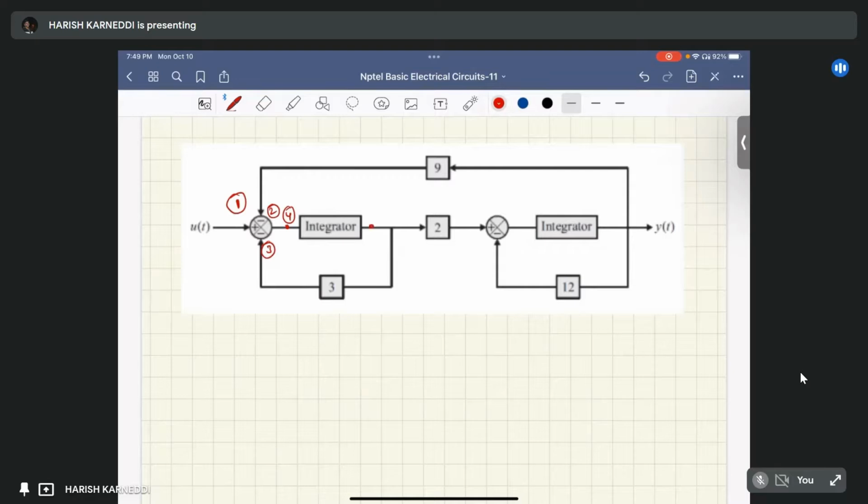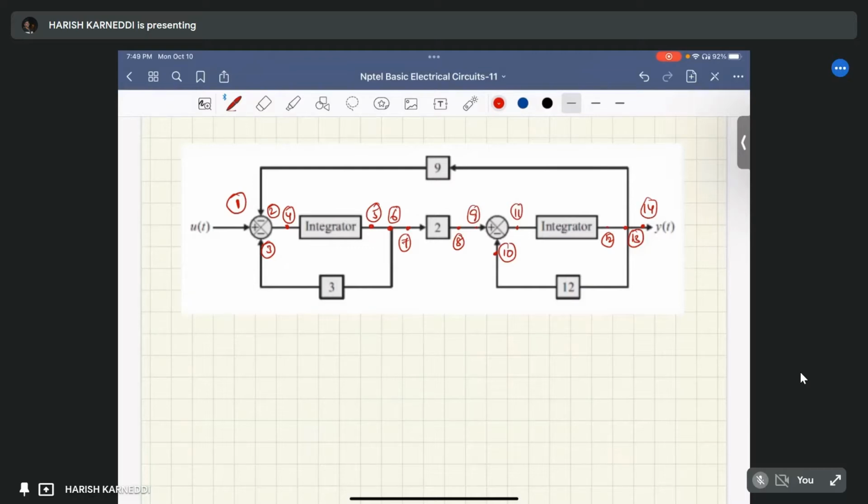Okay, this is node 5, this is 6, 7, 8, 9, 10, 11, 12, 13. Okay, one more, 14. How to draw a signal flow graph from a block diagram?